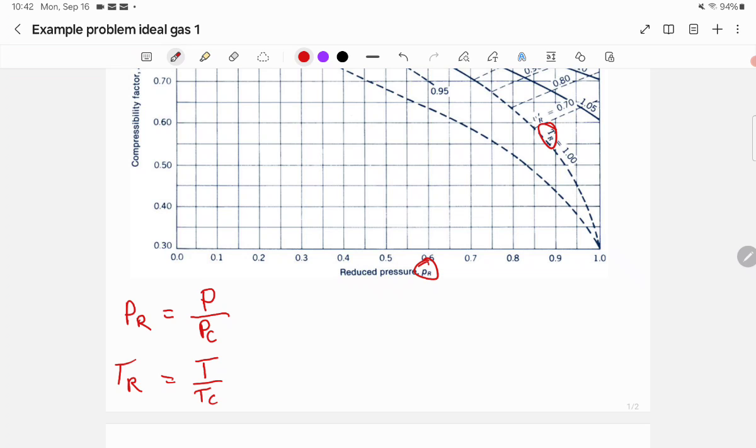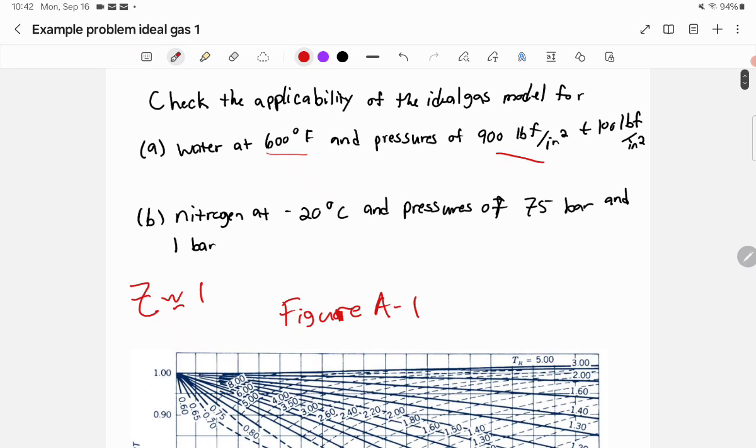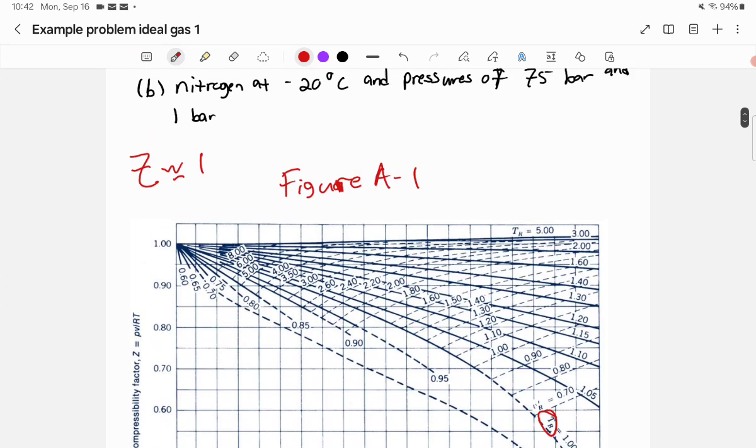Notice that we have these in English units here, pound-force per inch squared and 600 degrees Fahrenheit, and similarly for these.